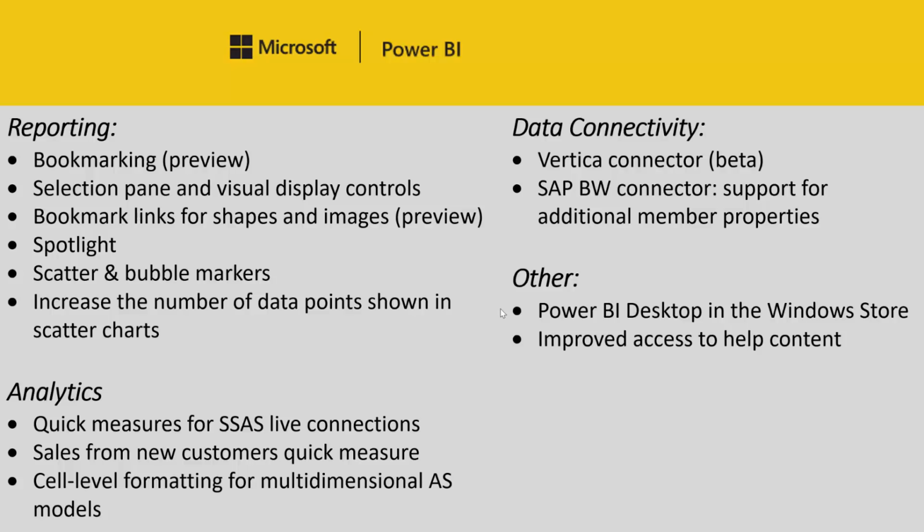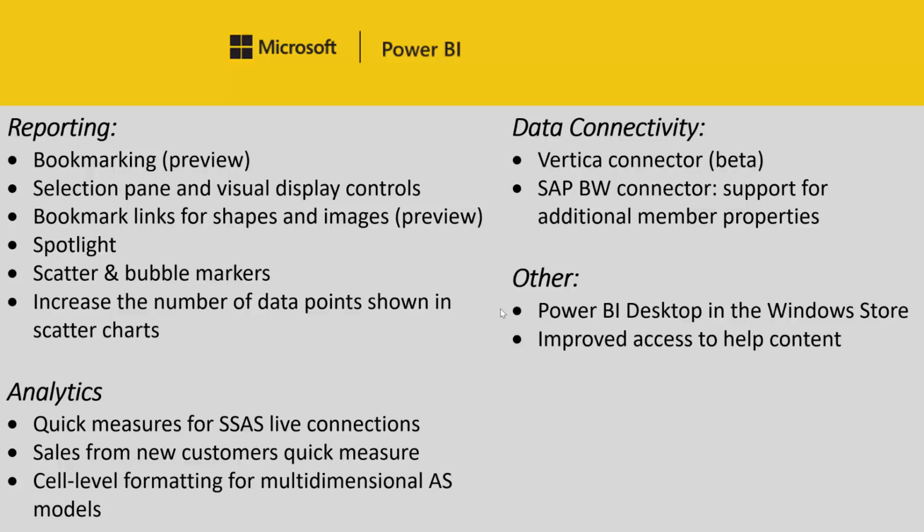And tied to this bookmarking feature, we've also added a few more related features, including our selection pane, which lets you select visuals through this pane. It's very similar to the Office selection pane. And then you can do things like control the display setting of the visual, so hiding or showing the visual, and that can be saved as part of a bookmark. You can also link shapes and images to bookmarks to, as I said, create custom navigation.